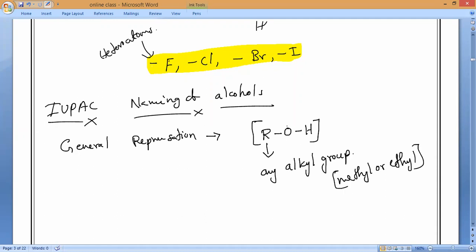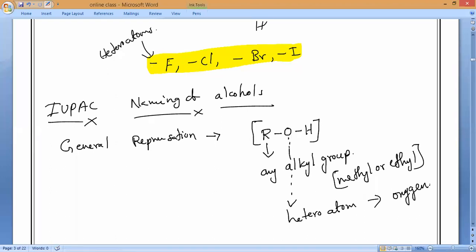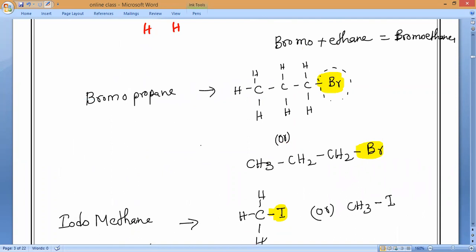Okay. OH. O is the heteroatom. Who is the heteroatom here? All of you? Heteroatom. O, oxygen. Heteroatom is oxygen. In all the remaining functional groups, the heteroatom is who? Oxygen only. Okay. Now, Kevin is asking the general formula of haloalkanes.